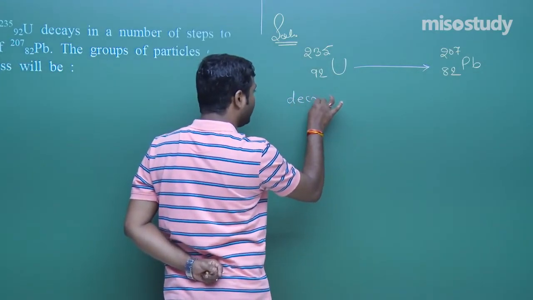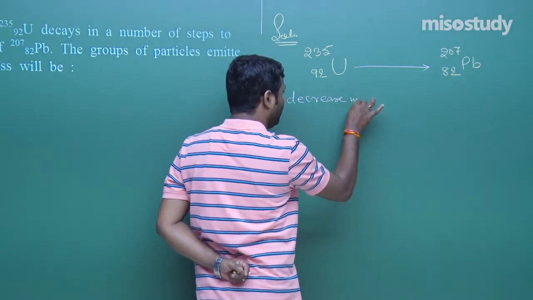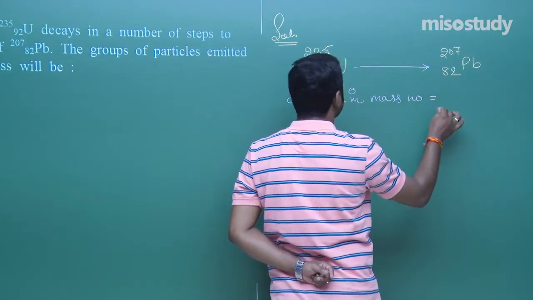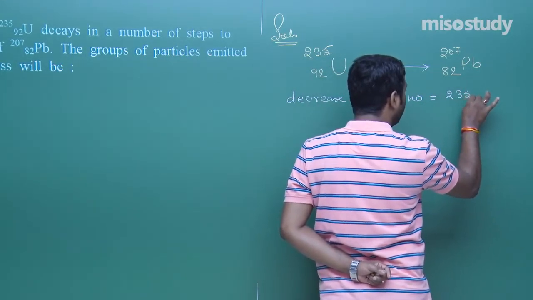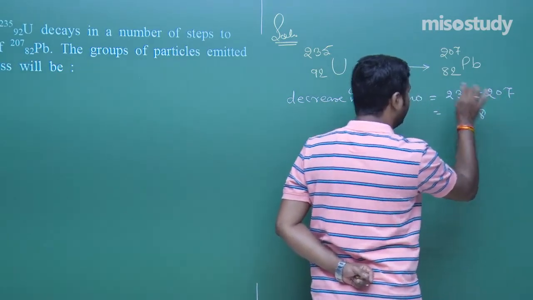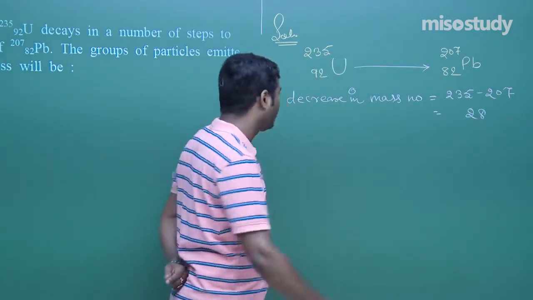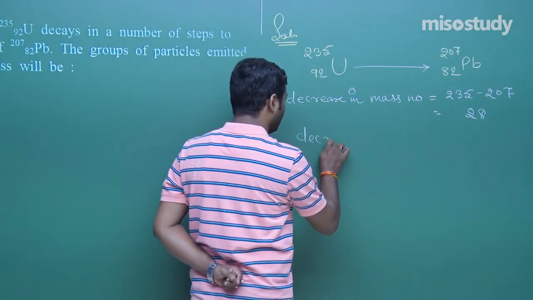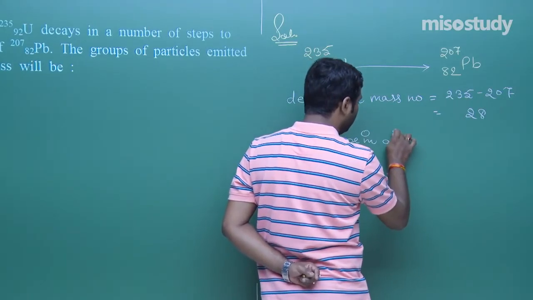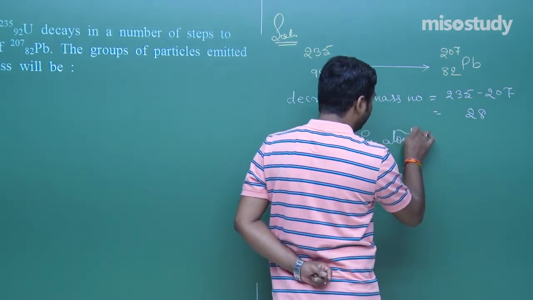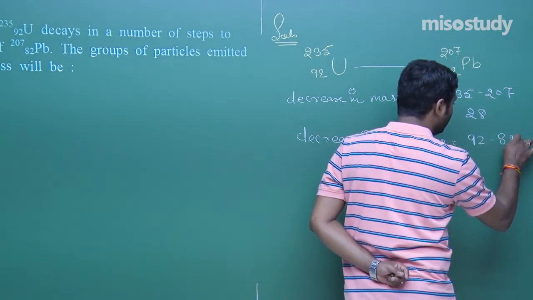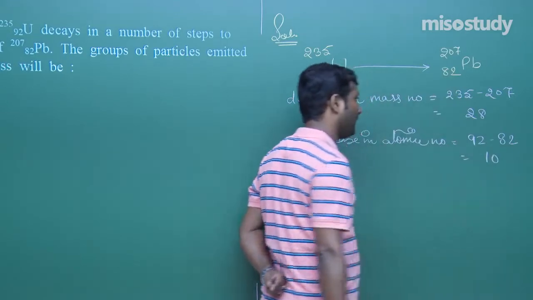Now first of all, what to do? Find out the decrease in mass number. What is the decrease in mass number? 235 minus 207, that is 28. Now the decrease in atomic number is 92 minus 82, that is equal to 10. Am I right?